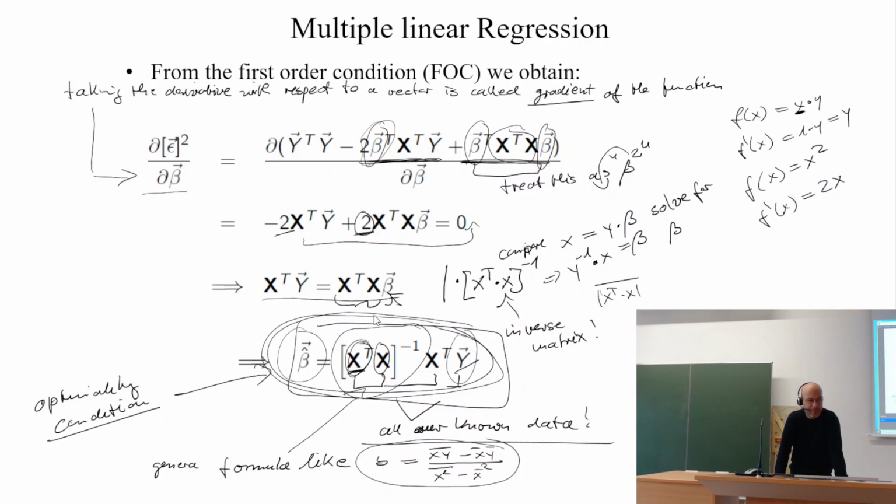Then there is also the possibility to take the inverse via the so-called characteristic polynomial, or the eigenvalues of a matrix. But if you calculate the eigenvalues, you have the problem that if the dimension is larger than 4, then you get a polynomial of degree higher than 4.